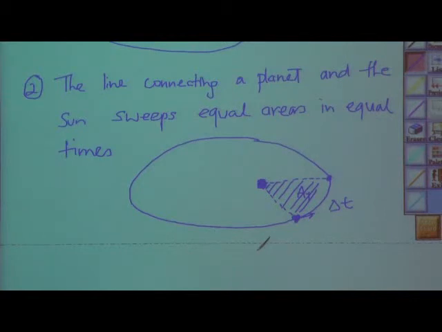Now sometime later, say in 6 months, the planet is here, and in 1 month it's going to move to somewhere, and you will see that the area swept by the line that connects the planet and the sun, let's call it A2, here is A1, and here is A2, in delta t, you will find out that A1 is equal to A2.